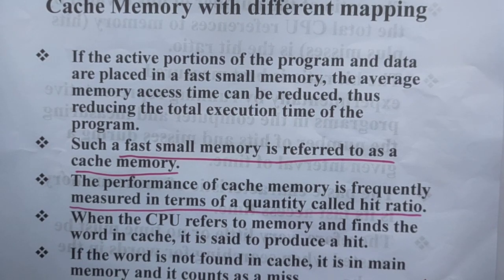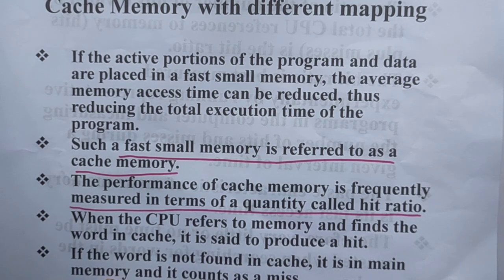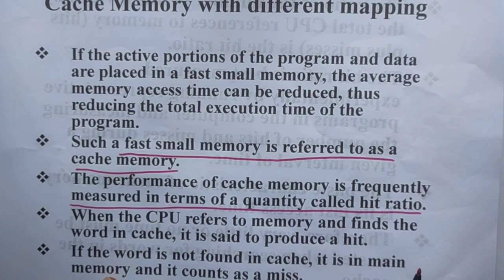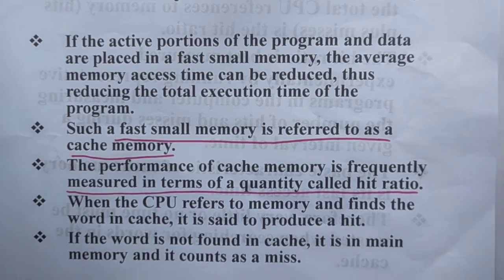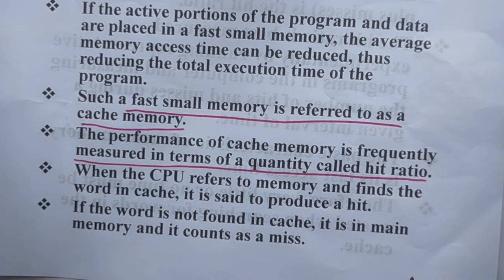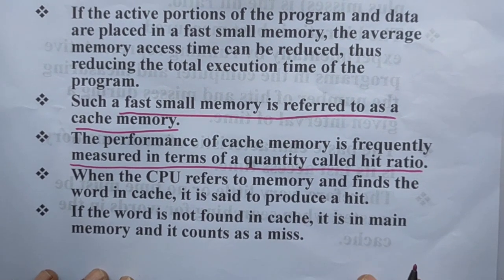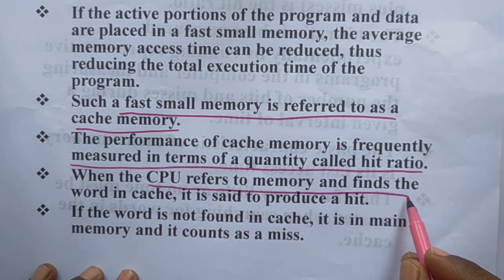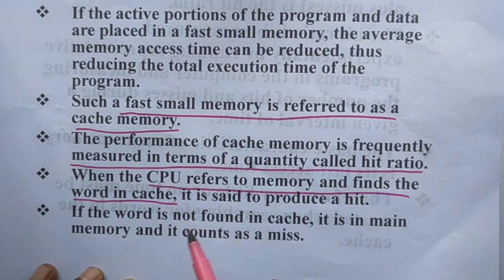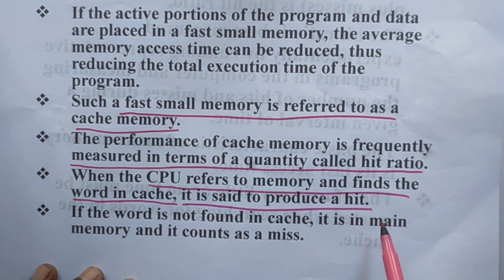We use one technique, that is the hit ratio. Hit ratio means whenever data needs to be accessed from cache, if the data is available and accessed from cache, then we call it a hit. Another case is when the CPU refers to memory and finds the word in cache, it is said to produce a hit.